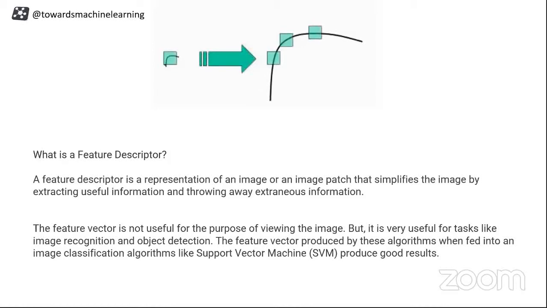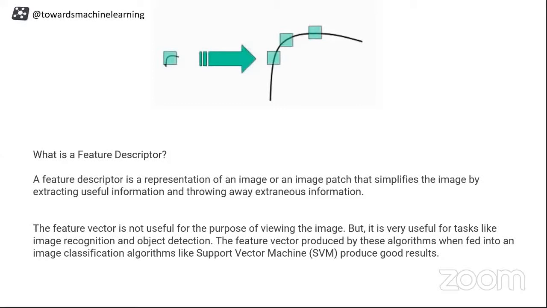It won't make any sense to look at it with our naked eyes, but it will make sense for something known as SVM. If you are not aware of SVM, I highly suggest you learn about it. SVM is very useful in the machine learning area, and it is used for finding such kinds of patterns and recognition. So the task we are framing is, we'll use a feature descriptor, which will give us feature vectors.